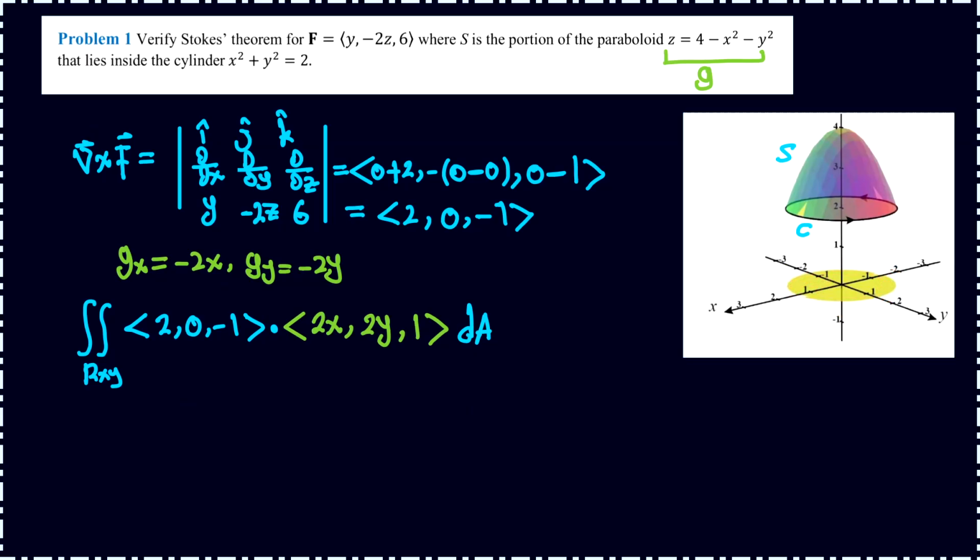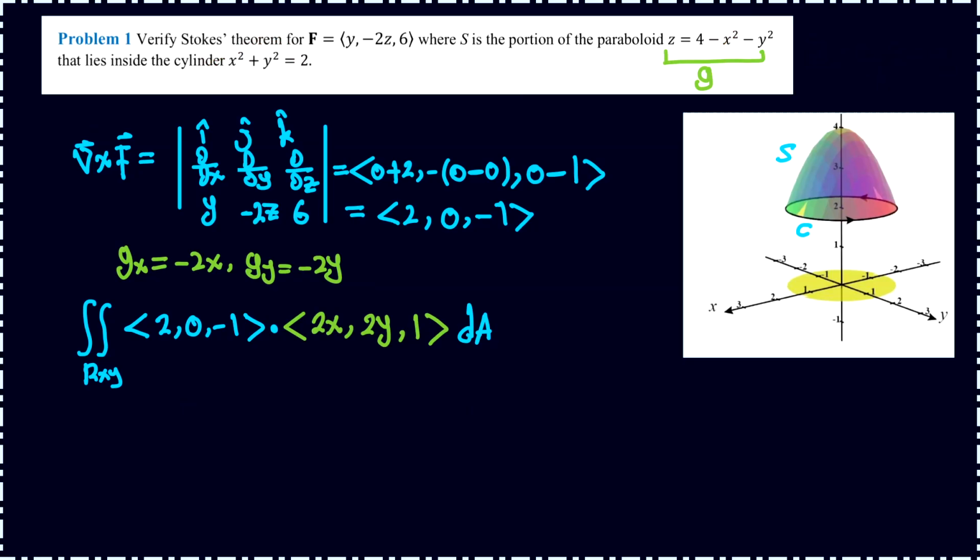You can confirm that this is a disk of radius 2. All you have to do is basically replace x squared plus y squared here with 2, you're going to get z equal to 4 minus 2, and that will give you z of 2.